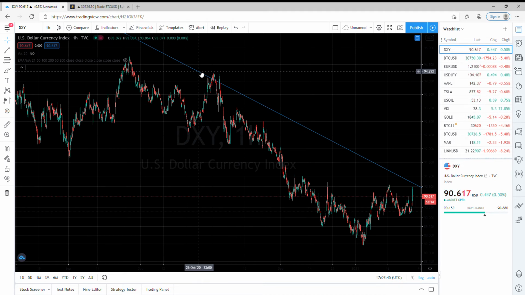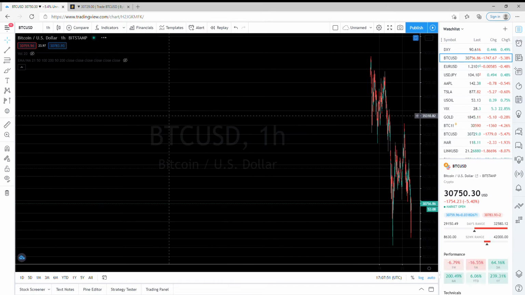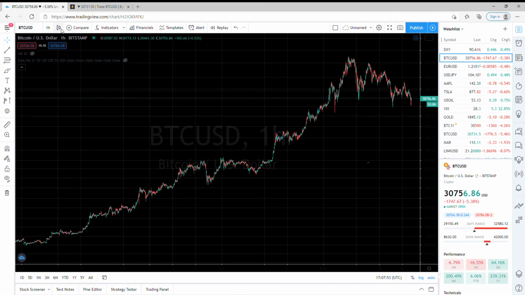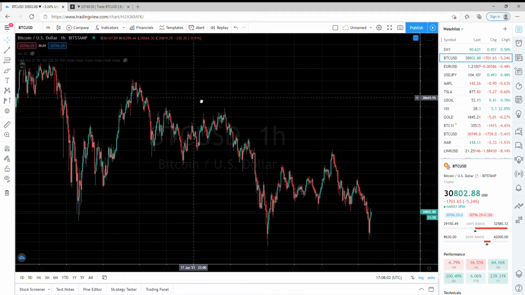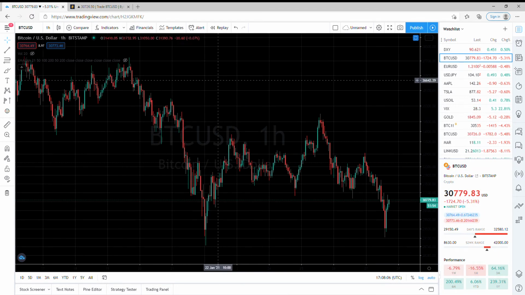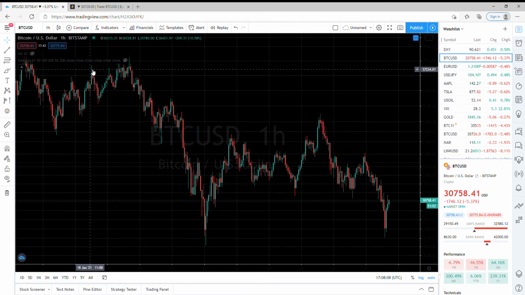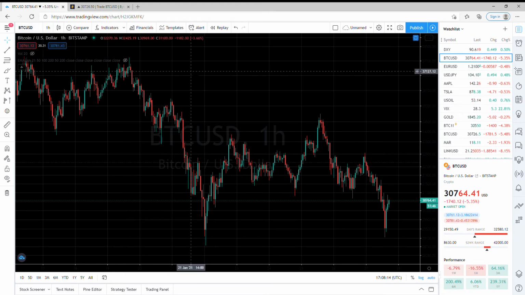So as you can see, let's go to Bitcoin. This is the 1 hour time frame, Bitcoin USD on the Bitstamp. I hope you're familiar with the charts. If not, I'll explain a little bit, very fast. Each candle, each stick, represents 1 hour because we are in the 1 hour time frame.